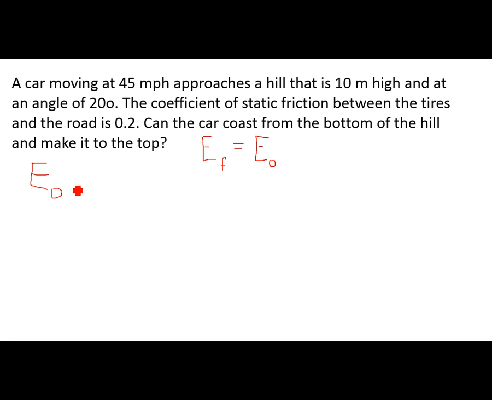So the actual final work energy theorem is kind of like this. It says the energy you start with minus the work done against a non-conservative force will equal the energy you end with.